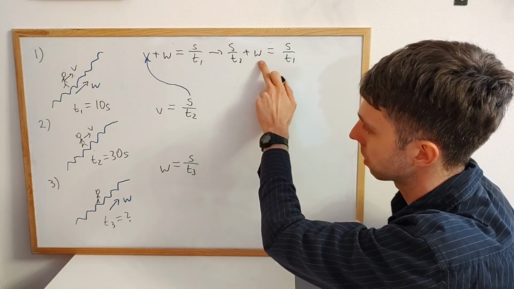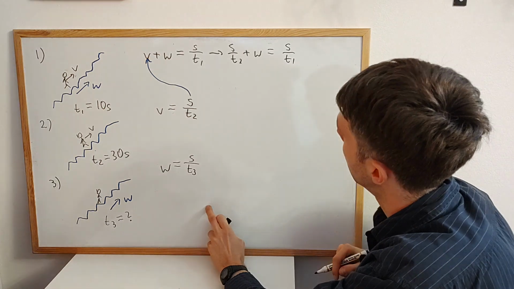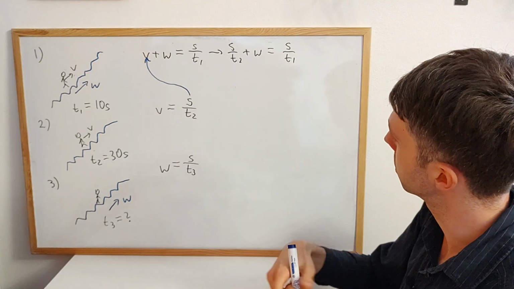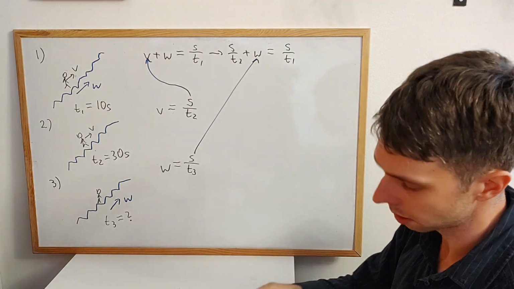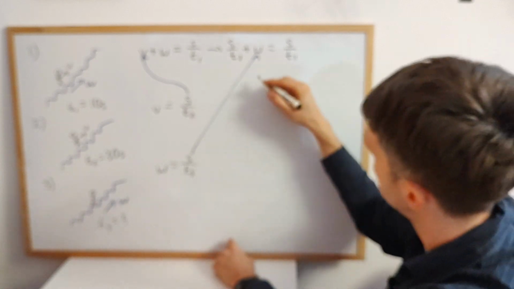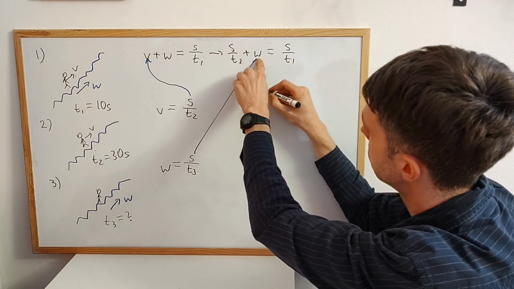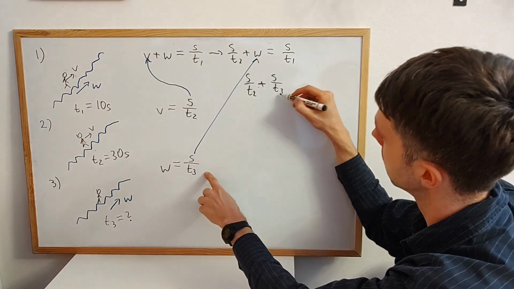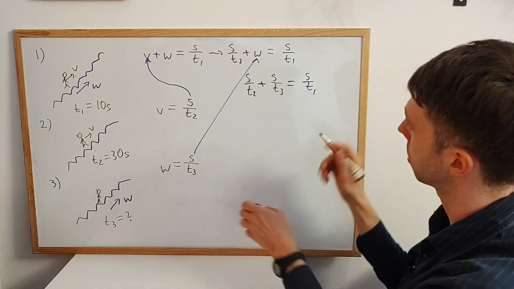So I can calculate w from this, or I actually have w, so I can plug it in here. That's also possible. So then I have s over t2 plus w, so s over t3 equals s over t1.